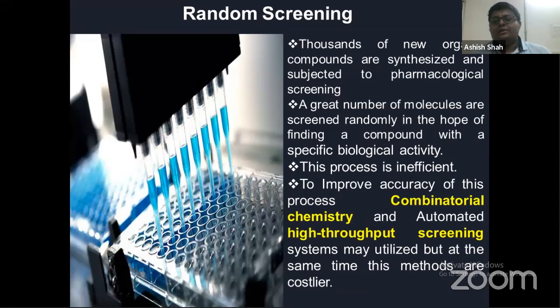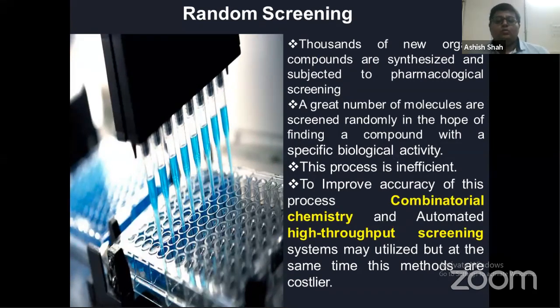But nowadays, this random screening approach is partly replaced by two methods. One is combinatorial chemistry. It is the approach which gives you synthesis of 1,000 molecules at a time. That is known as combinatorial chemistry.